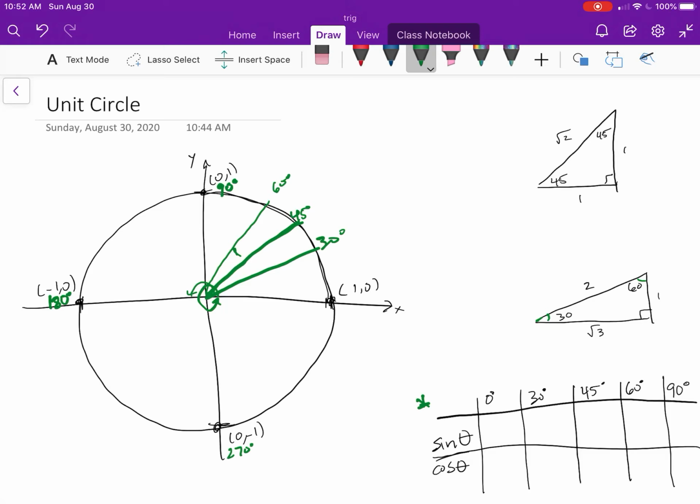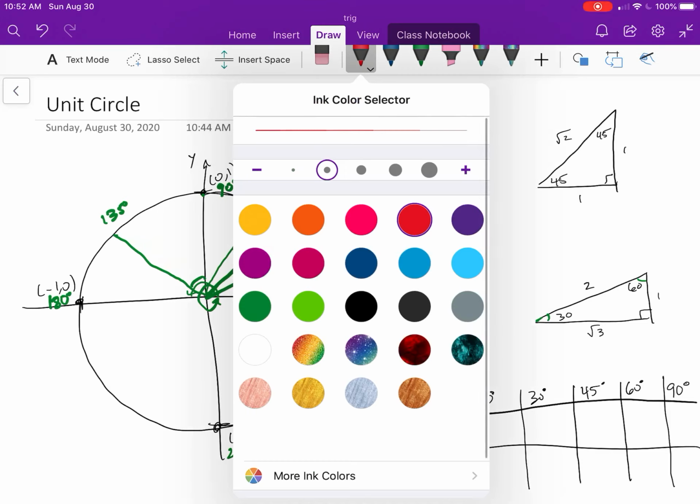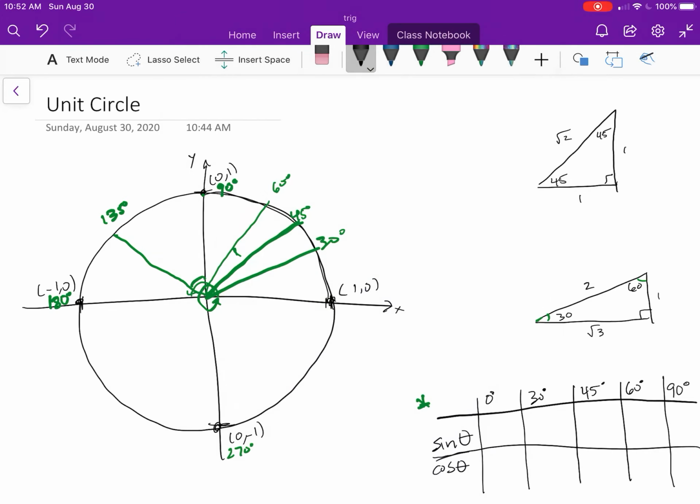Okay. Those angles we need throughout this unit circle. So for instance, a 45 degree here would be 135 because I went 90 and then another 45. So that's 135. Can we fill in all those? I'm going to break this up just a tad bit more for this next part.